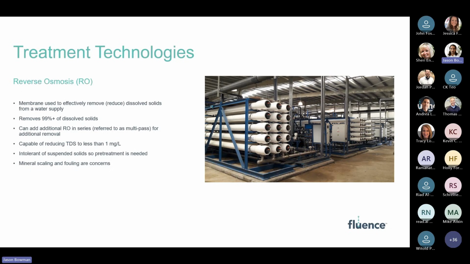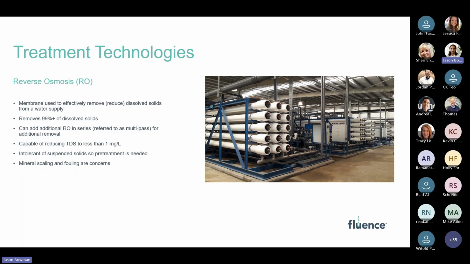The multi-pass permeate water is optimal for further polishing utilizing ion exchange technology, which we'll talk about here in the next slides. Another key item to understand about RO treatment is that there are limiting factors in the number of passes and or stages that can be implemented.